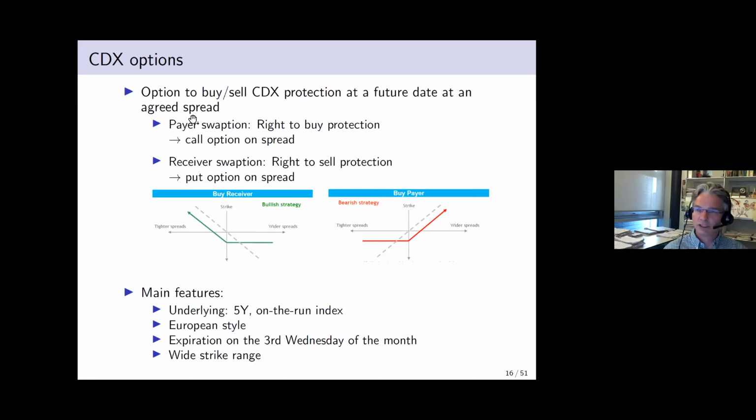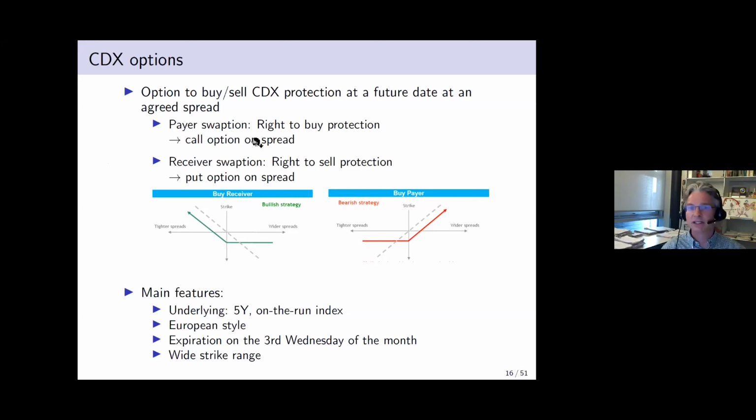So if you think in terms of the par spread, you're going to agree on a fixed spread, and if at the time you get to exercise your option the market spread has increased, that is, the economic situation is worse, then you make money. So the payer swaption is really a call on the spread. And so if you're bearish, then you would buy an out-of-the-money call on the spread, which you would exercise when spreads have widened.